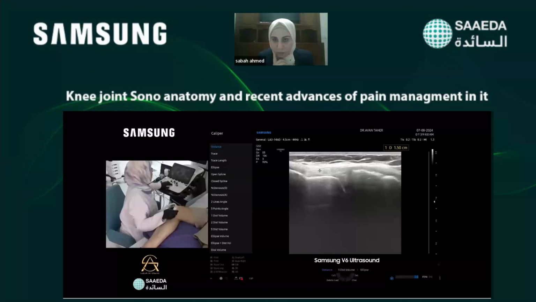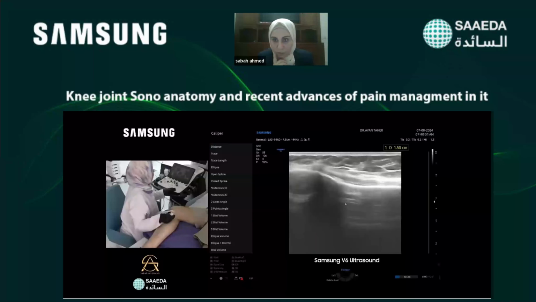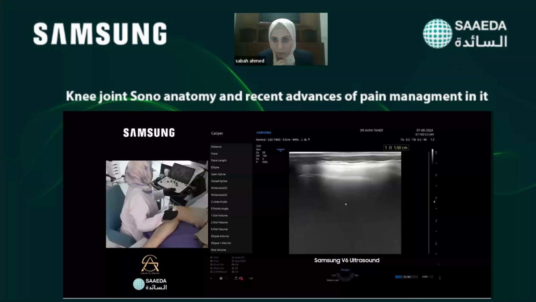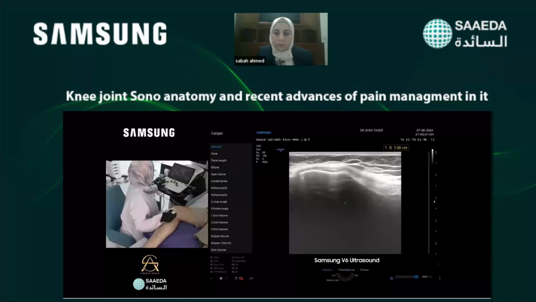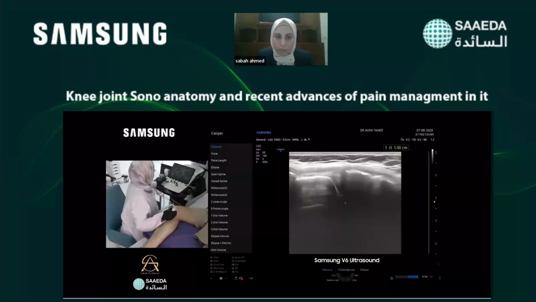In the medial collateral ligament, we have superficial and deep parts. The superficial part continues downward above the genicular artery and the genicular nerve. The deep part is attached to the meniscus.